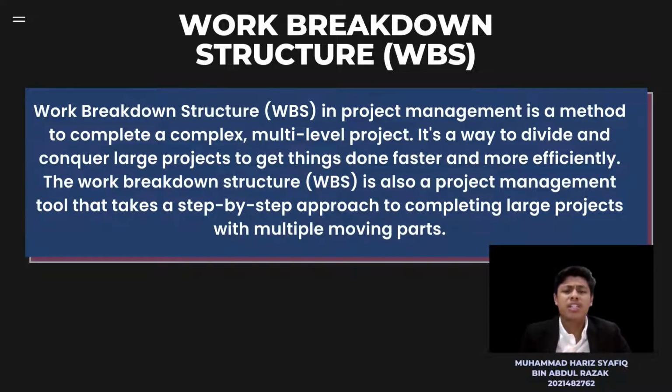The work breakdown structure is also a project management tool that takes a step-by-step approach to completing large projects with multiple moving parts. Based on our case study project, the work breakdown structure Gantt chart was generated using the information from the project document contract. Our group has generated a Gantt chart to identify their timelines and to identify the project's progress.